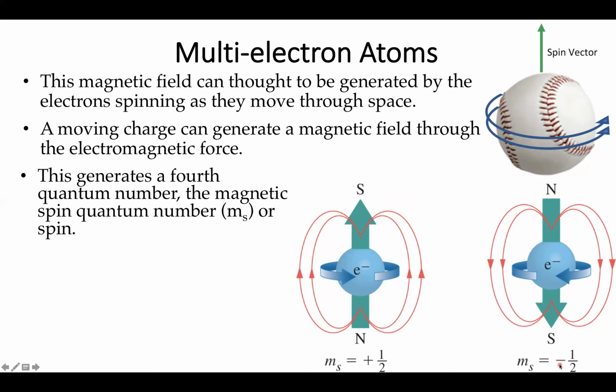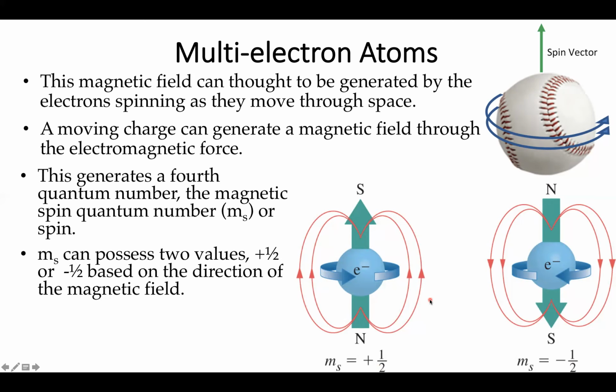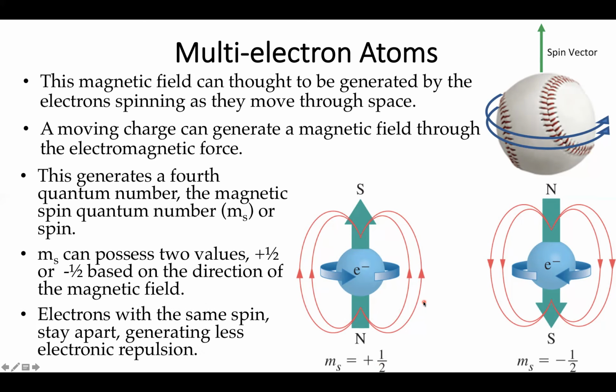Now, a very cool thing is that it doesn't matter what the n, l, or m sub l values are. The m sub s, or spin, is one of these two values, up or down, and that's it. This is purely based on the direction of the magnetic field. A very cool feature discovered about these spinning electrons is that if electrons have the same spin, they always stay apart.